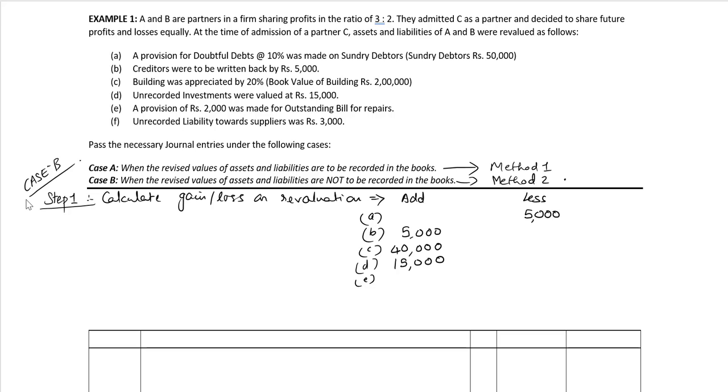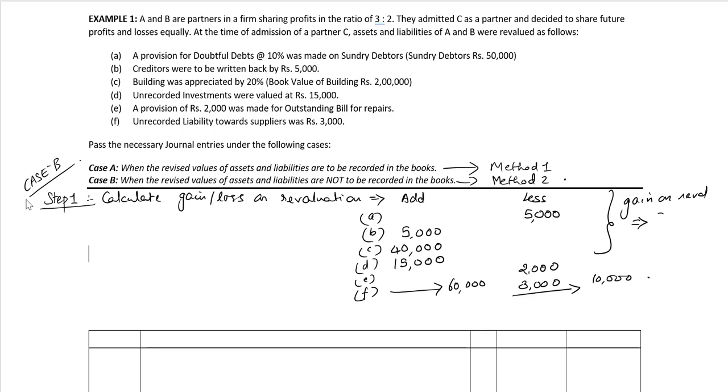E, we need to make a liability, outstanding bill for repairs, rupees 2,000. And finally F, we need to create an unrecorded liability towards suppliers. So the total of the add comes to rupees 60,000 and the total of the less comes to 10,000. So we have a positive figure, so it's a gain on revaluation, which is rupees 50,000.